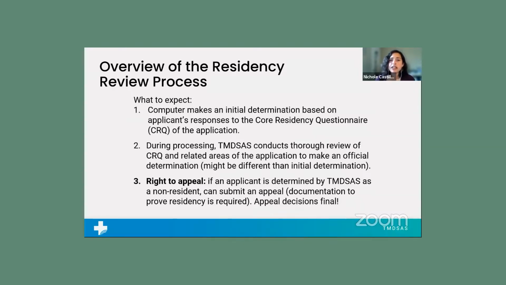But essentially, you need to know that if you are appealing this decision, then supplemental documentation is required. So you will need to be able to justify and prove that you are indeed a Texas resident, and that's going to require more information than what was previously received. And please know that those appeals decisions are final. So once we get to that point, that's it.